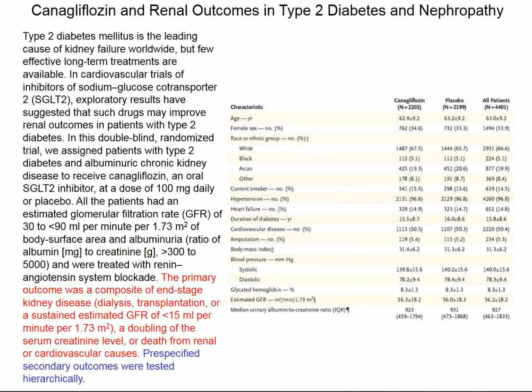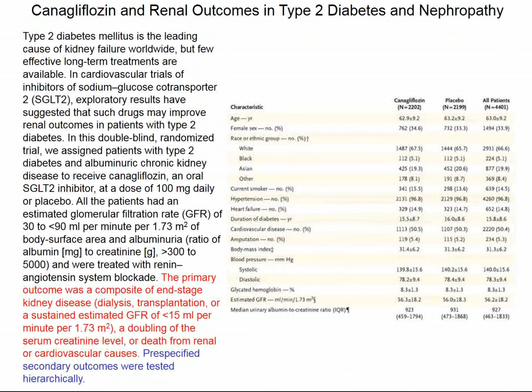But once the blood sugar levels have fallen to a lower steady state, then glucosuria should stop. And there is some natriuresis that occurs with inhibition of this transporter as well.